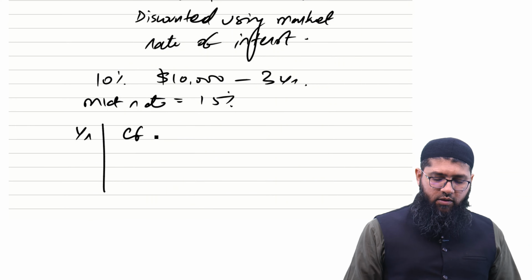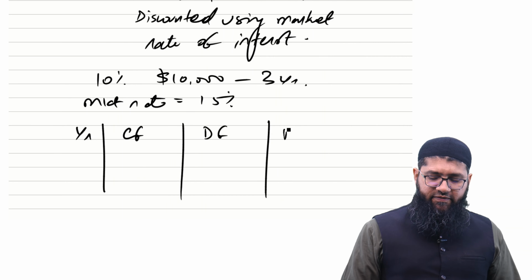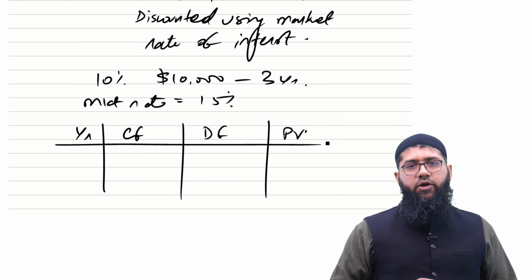You're going to set out the cash flow, the discount factor, and the present value.